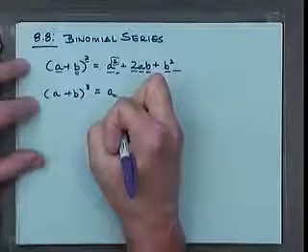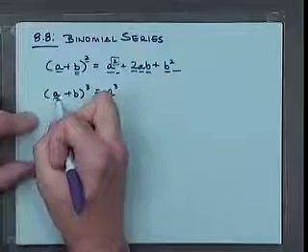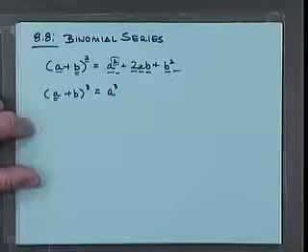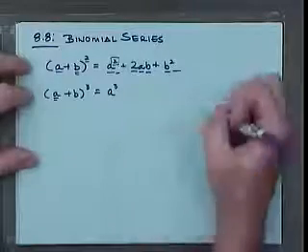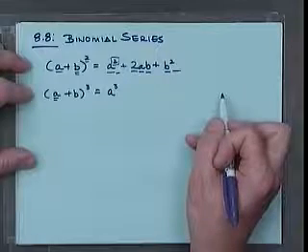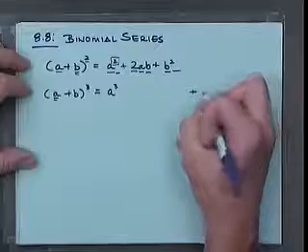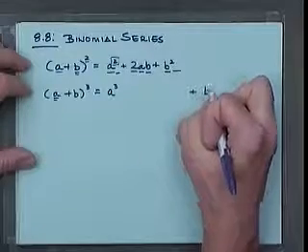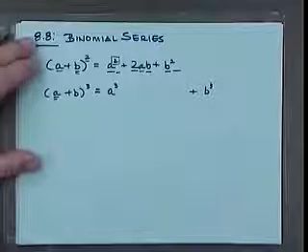So the first term, and we just did a cubing function, would be the first term of the binomial to the highest power, which in this case is cubed. This is cubed, so we should expect 4 terms, one more than the power to which the binomial is being raised. And we know that our last term is going to be b cubed, which is the second term of the binomial to its highest power.